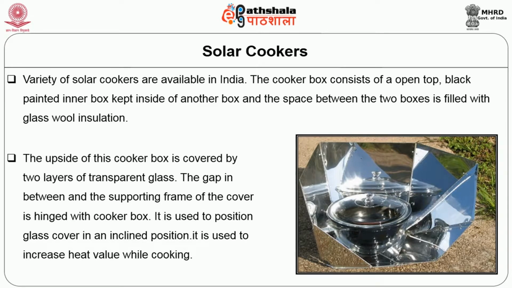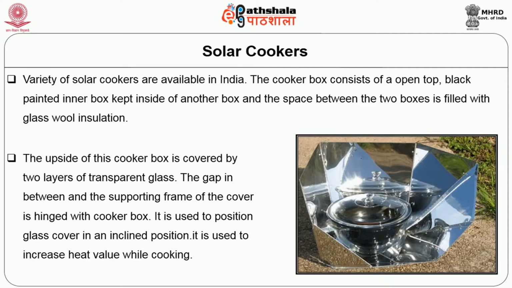There is a space between the two boxes and it is filled with glass wool insulation. The upside of this cooker box is covered by 2 layers of transparent glass. The supporting frame of the cover is hinged with the cooker box. It is used to position the glass cover in an inclined position.